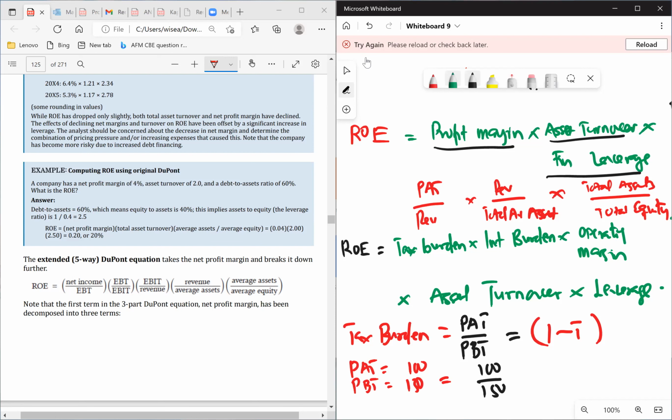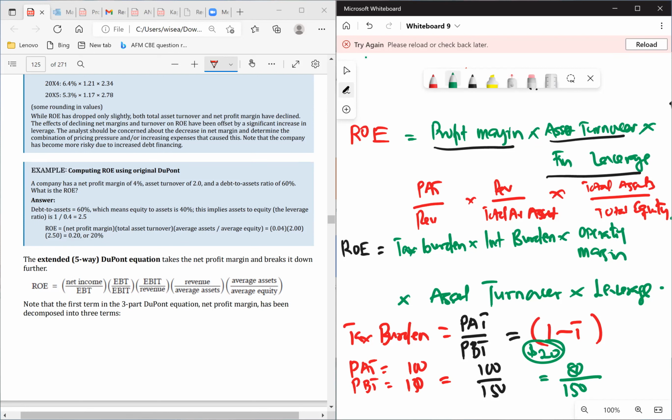Now, if tax increases by $20, your profit after tax will reduce to 80 divided by what? 150.